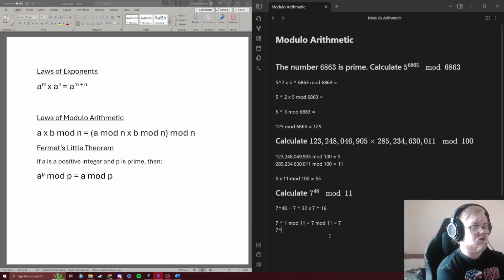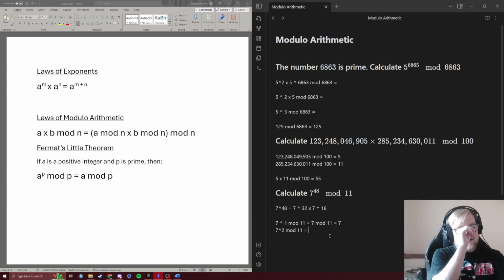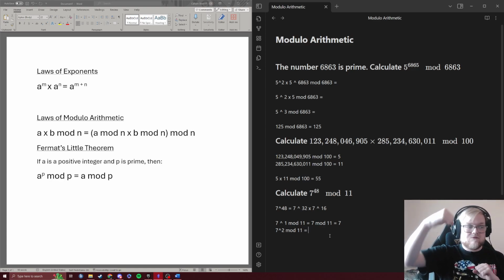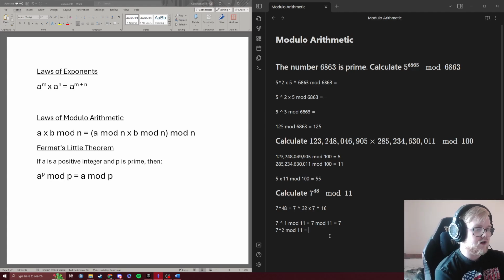Now, 7 to the power of 2, hear me out here. Instead of writing it, because once again we know 7 squared is 49, but just for now, we're going to times the answer of the previous question. So we know that 7 to the power of 2 is 7 to the power of 1 times 7 to the power of 1 mod 11, which equals 7 times 7 mod 11.